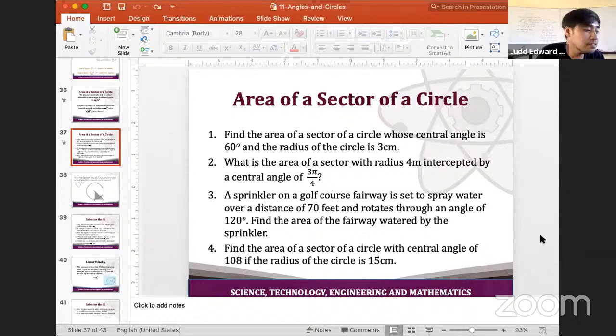Yes, Allison, what is your answer? Find the area of a sector of a circle whose central angle is 60 degrees and the radius of the circle is 3 centimeters. What is your answer?